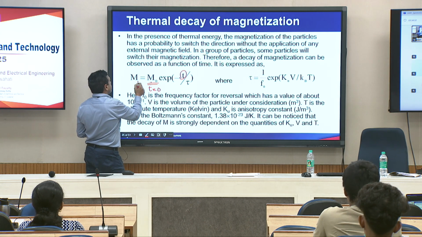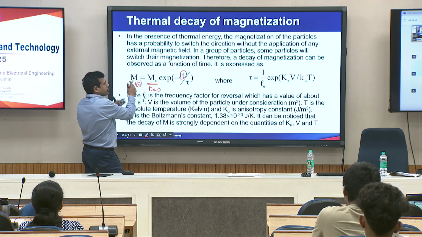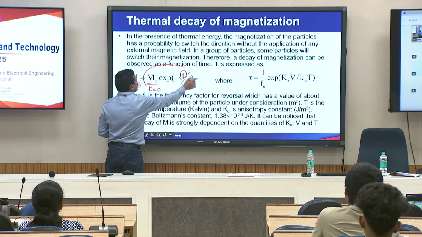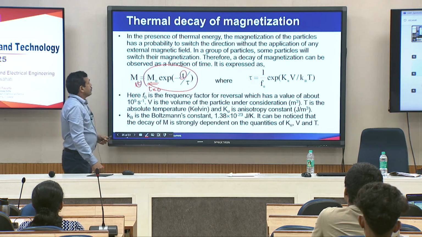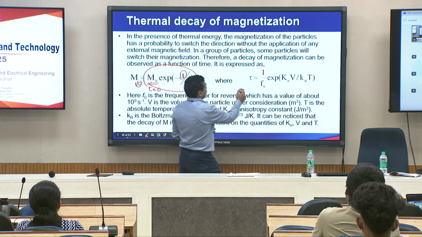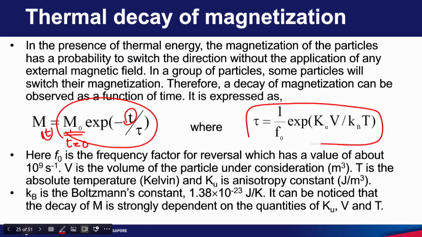So, at time t, the magnetization M of that material will be given by this formula, okay, where tau is given by this one. So, we can see the anisotropy energy coming here, thermal energy coming here.